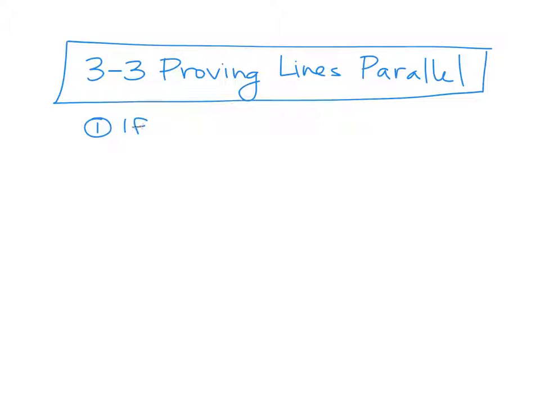First one, if corresponding angles are congruent, dot, dot, dot. The second one, if alternate interior angles, do you know what I mean with AIA now, or do you want me to write that out?